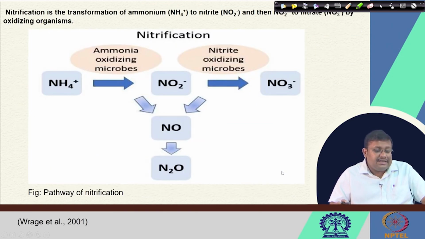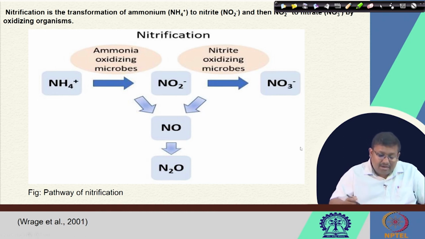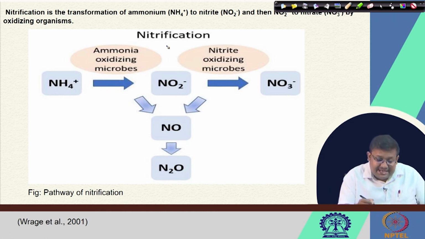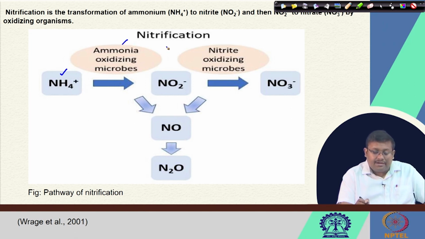Now, nitrification, we know, is a transformation of ammonium to nitrite and then nitrite to nitrate. This is the pathway of nitrification, you can clearly see here. First there is an ammonium ion, which is utilized by ammonia oxidizing microbes or Nitrosomonas to get converted into nitrite, and then this nitrite gets converted by nitrite oxidizing microbes or Nitrobacter to nitrate.